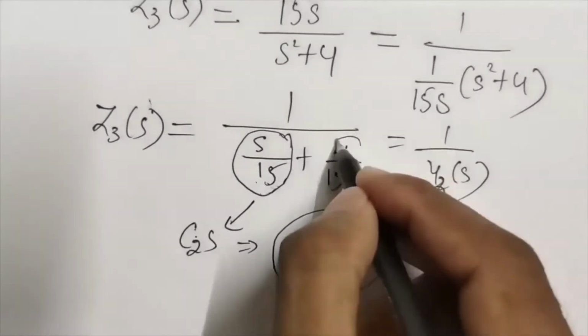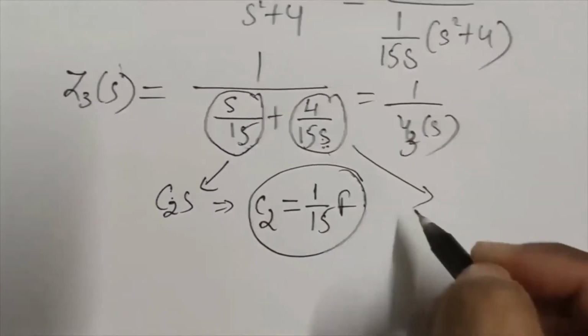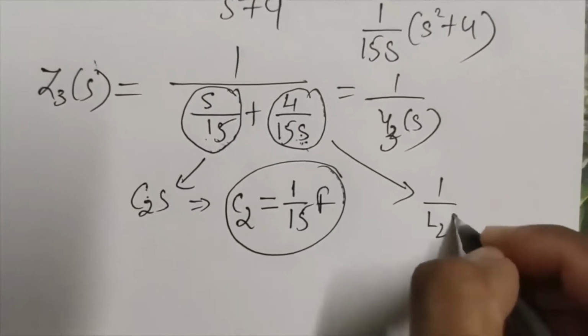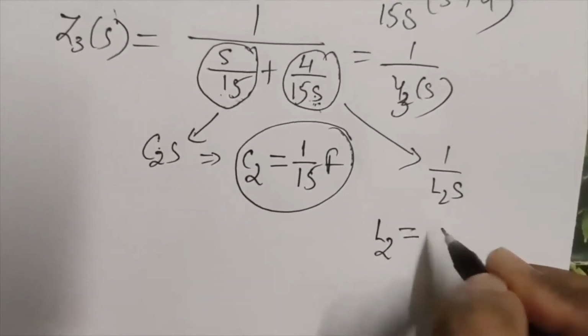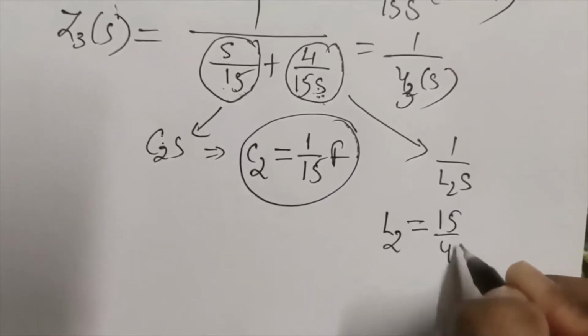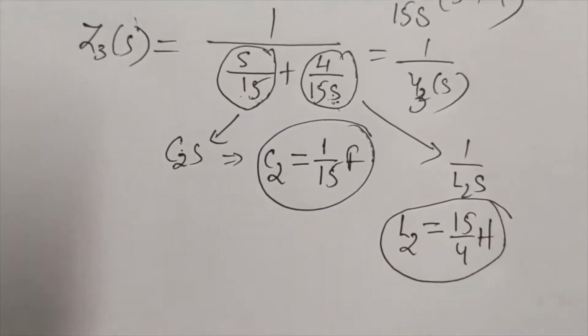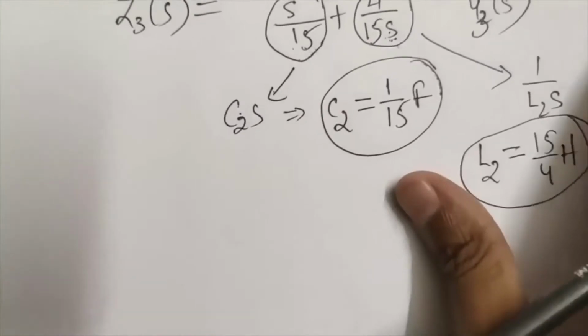The second term is in the form of 1 by LS, which implies L2 value is 15 by 4. So we have got all the values.